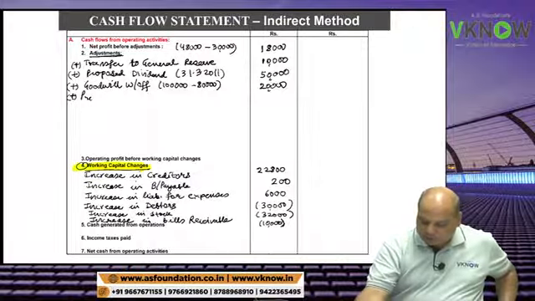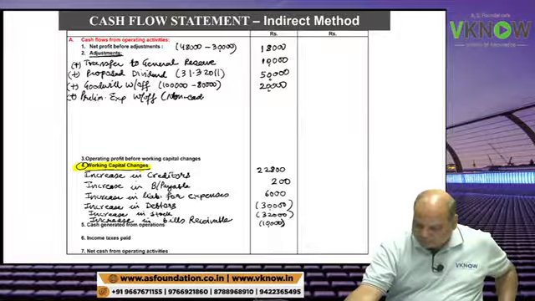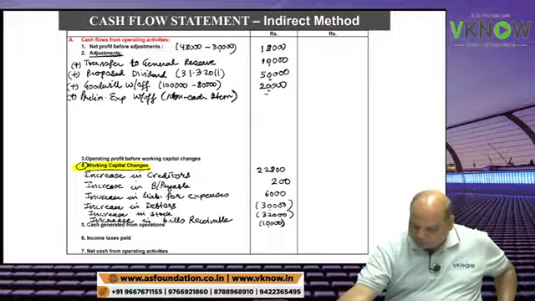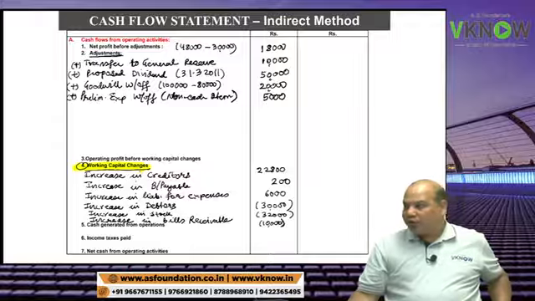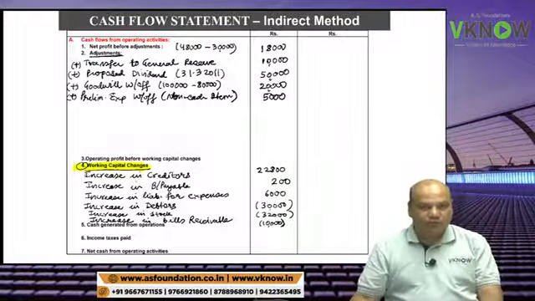Add back preliminary expense in adjustment. Preliminary expense written off. Why we are adding back? Non-cash item, 5,000 rupees.